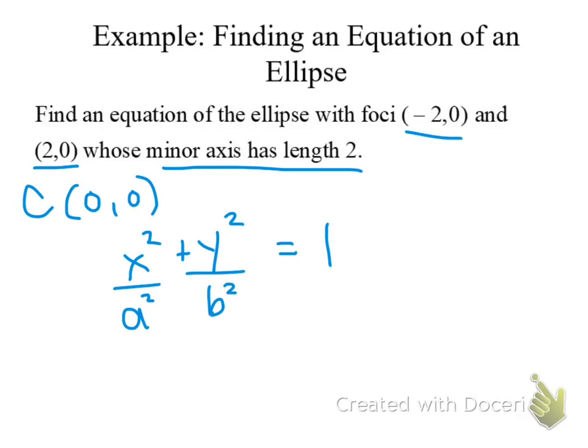Okay. Because of how the foci are centered, remember I add and subtract c from the center. So little c, I shouldn't have used c for center. c is going to be 2, because I added 2 and I subtracted 2.